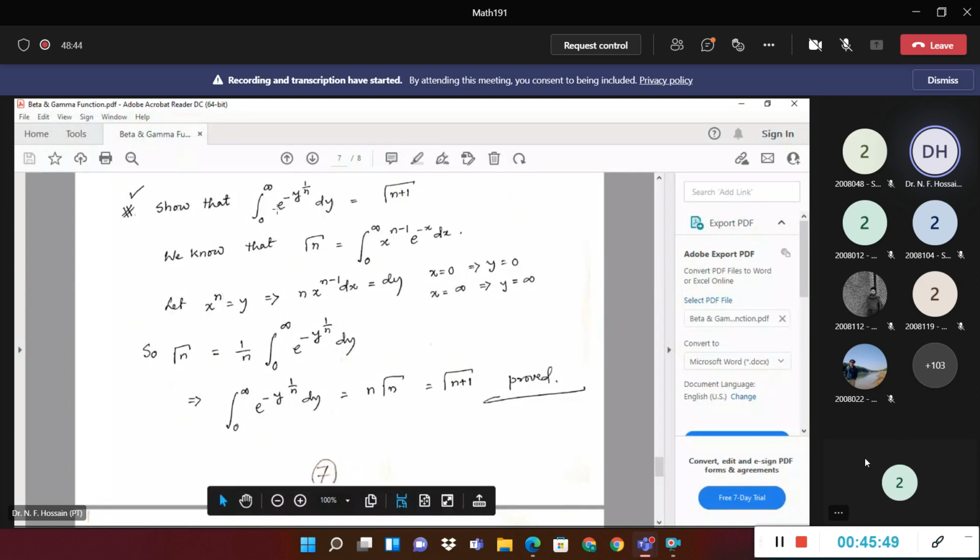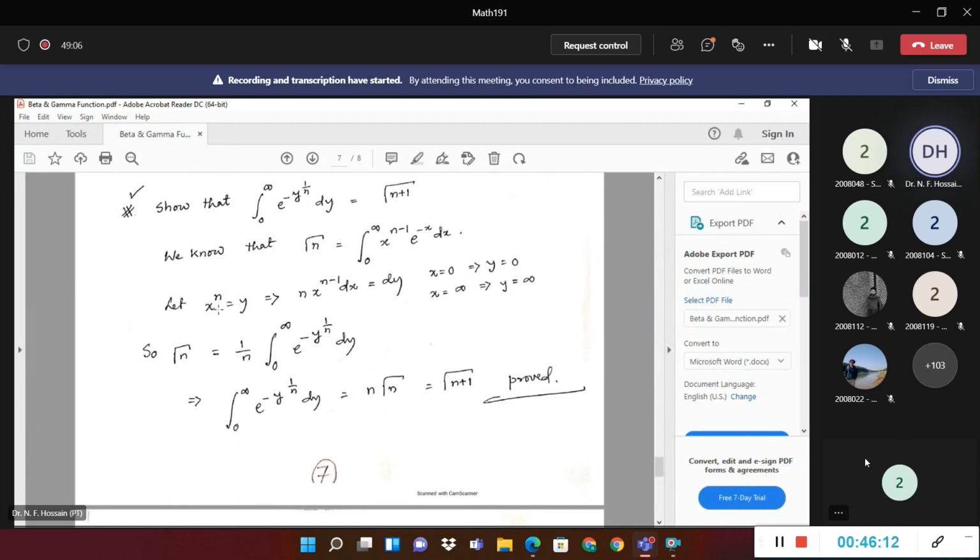Now we prove this one, integration 0 to infinity e to the power minus y to the power 1 over n dy. It is very easy. Just start from the definition of gamma function and use this substitution, x to the power n equal to y, which gives you n x to the power n minus 1 dx equal to dy.